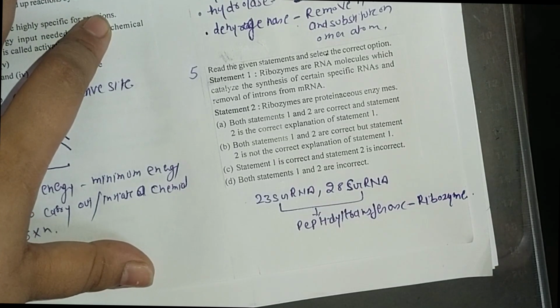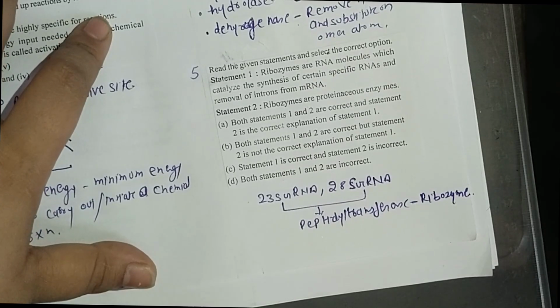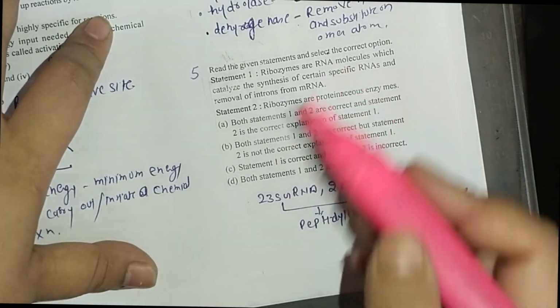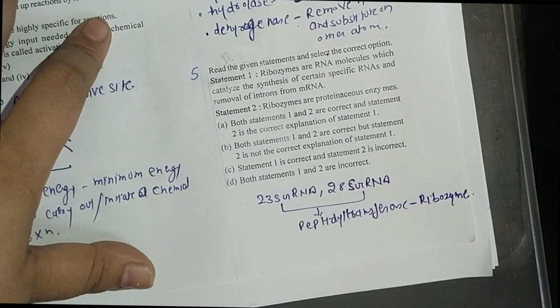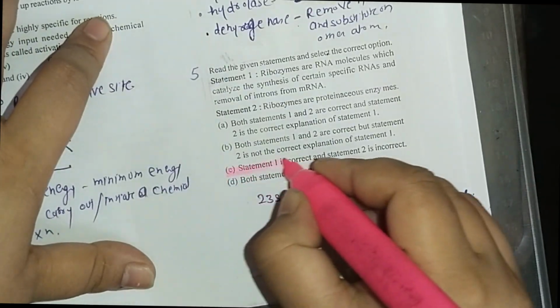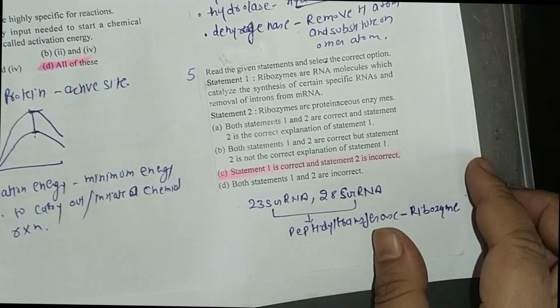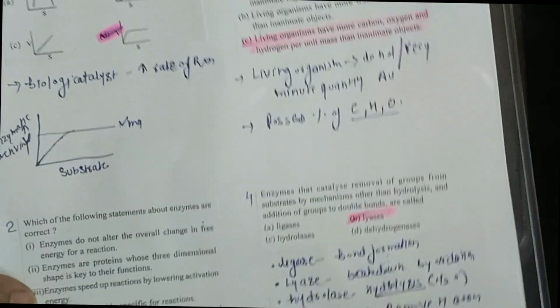They are made up of RNA. So statement 1 is correct. Statement 2 says they are proteinaceous, but we have studied that these are RNAs in nature. So the second statement is wrong. So the answer is C. Statement 1 is correct, statement 2 is incorrect.